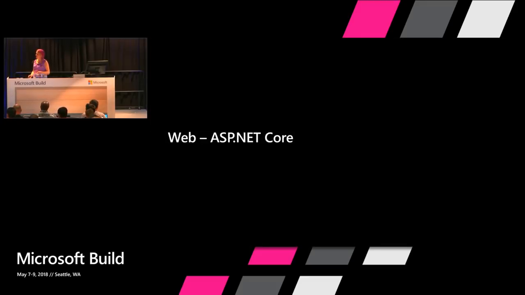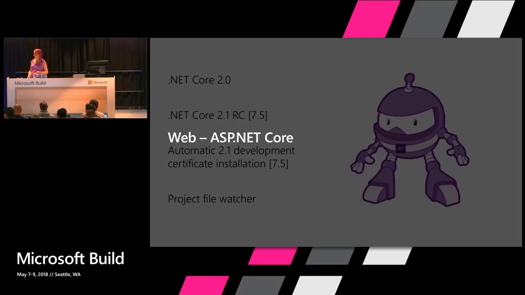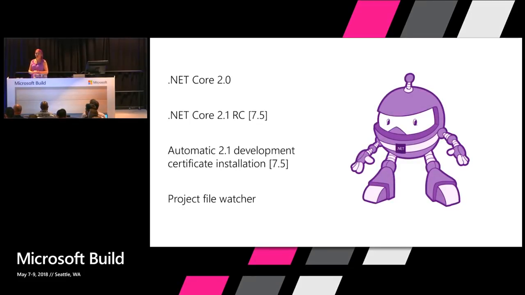So I'm going to start out with web, with the ASP.NET Core workload. At Build of last year, we shipped .NET Core 2 preview support. That went RTW over the summer. In today's 7.5 release, we have support for the .NET Core 2.1 release candidate.